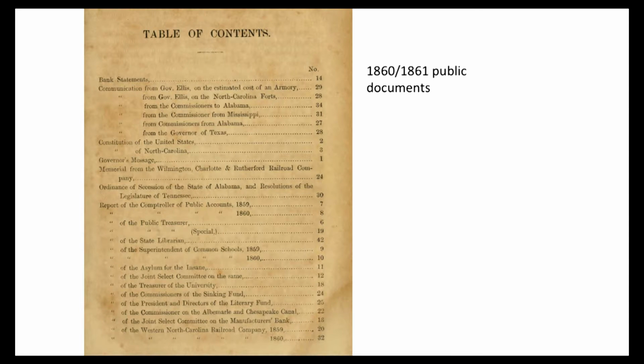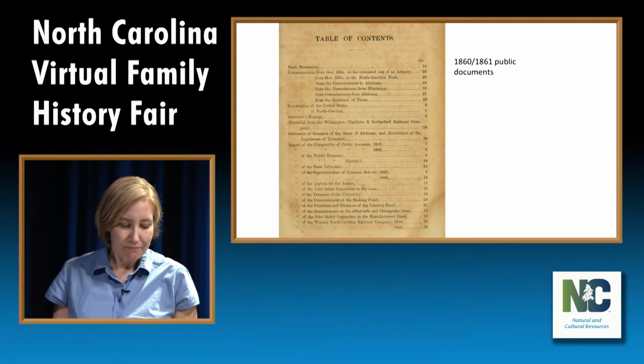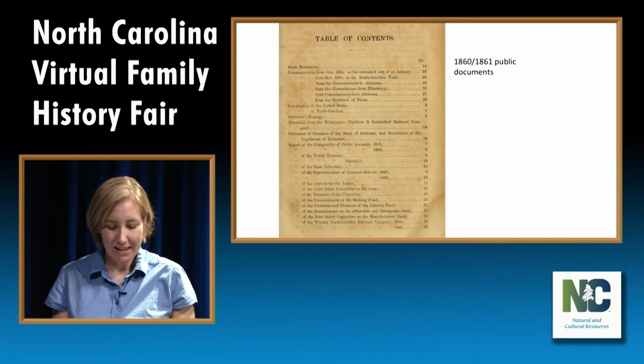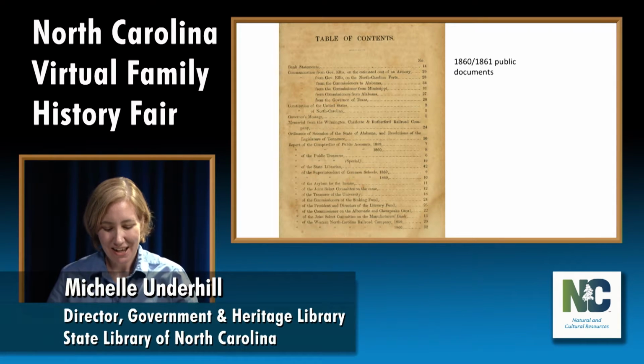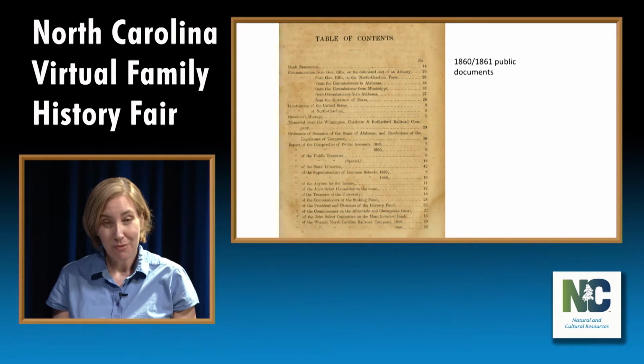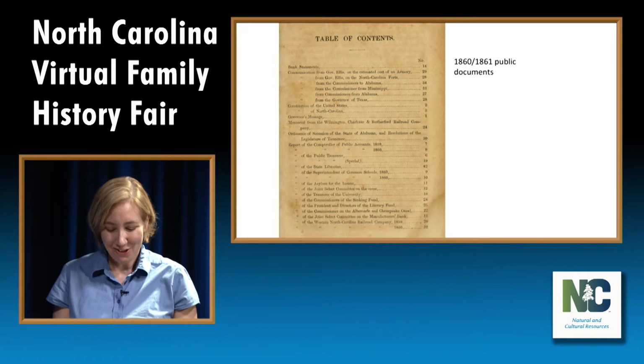One thing I want to mention is here we have a table of contents for an 1860-61 public document, and from here you can go to the report of the Controller of Public Accounts, which was later known as the Auditor's Report.